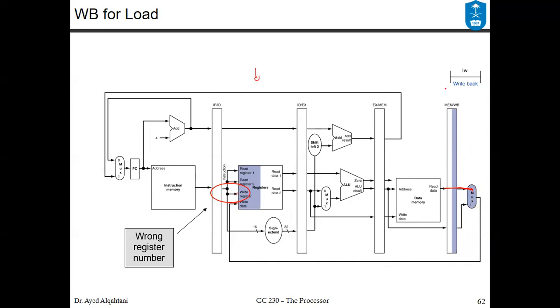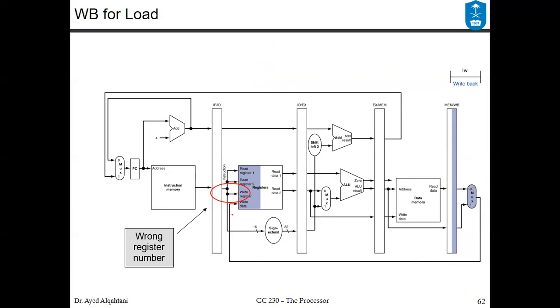When the load is at the write back, there is another instruction that we don't know. Maybe it's an add. And the add has a different register number in the destination. So you cannot write back the load in the add destination. And this needs rectifying.